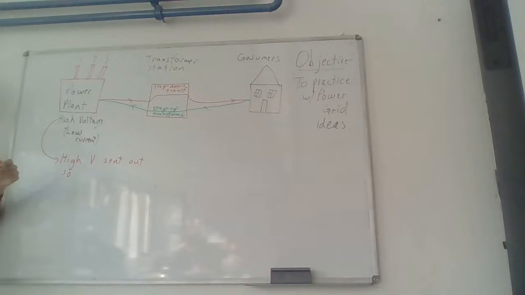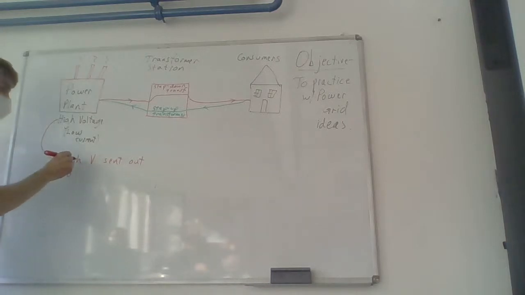Because if it was high current, it would create too much friction in the wires, and then they would melt and heat up and use energy. Or even if they didn't do that, they would lose energy. And when I lose energy, I lose money. Exactly. So it's really about money.